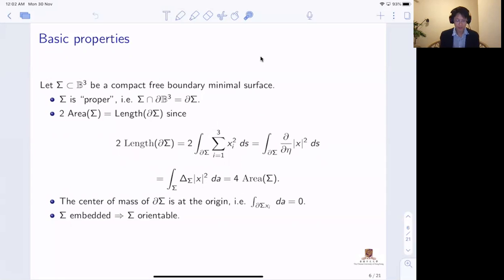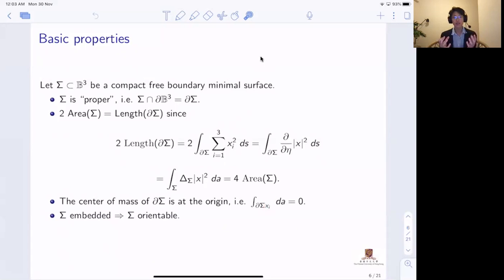Okay, so remember that for minimal surface in the sphere, you have the property that it is balanced. Okay, the center of mass of the whole surface is at the origin. So in this case, you actually have a similar balancing condition, but it's only on the boundary of the sphere. Okay, so sorry, this xi should be in the integrand. Right?